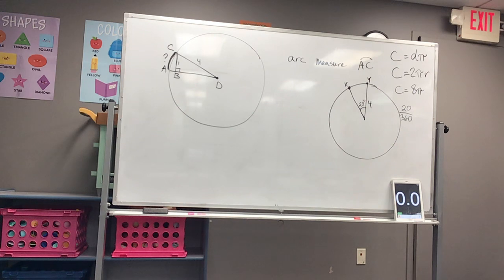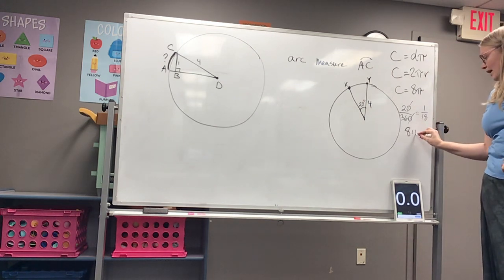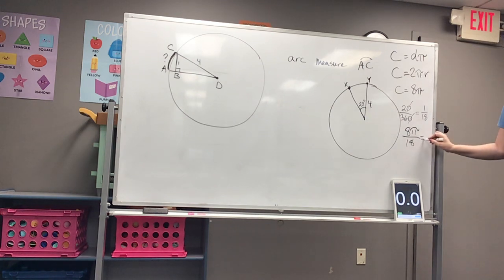That's the fraction of the circle that we have. It'd be 1/18 of that circle. And so we would end up taking 8 pi times 1/18, or 8 pi over 18, which works out to 4 pi over 9.